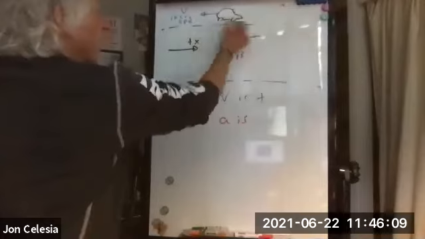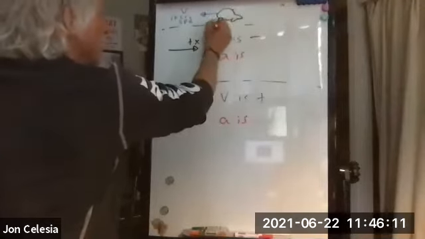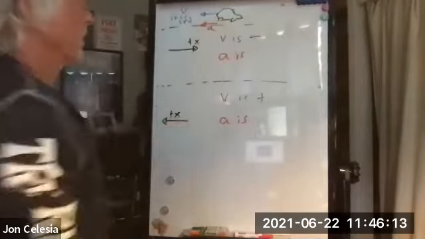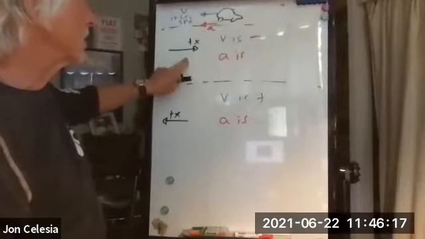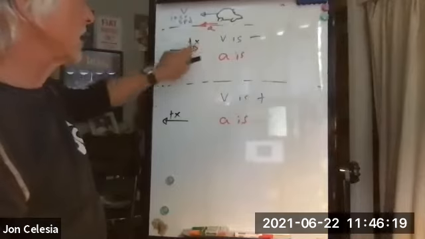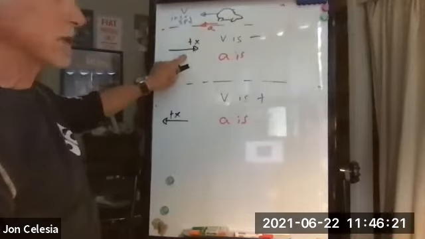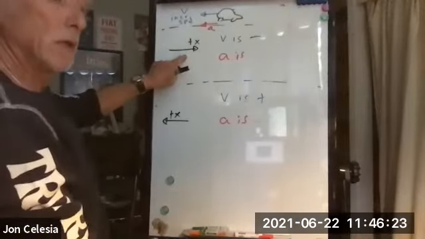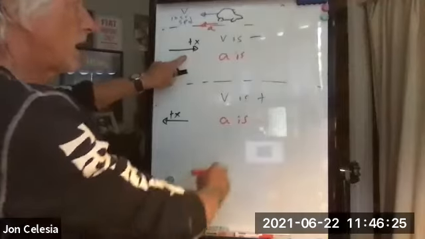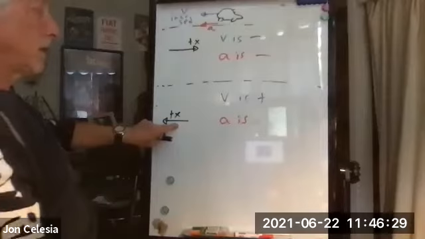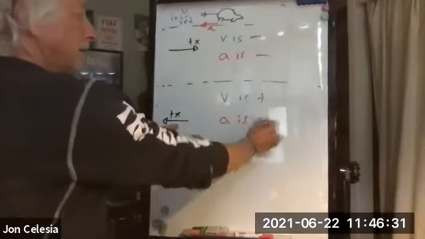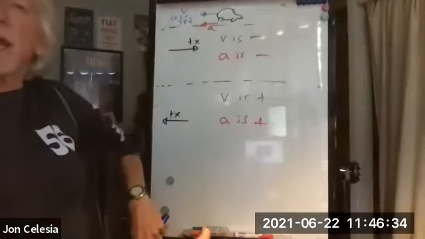You can put it wherever, you can put it down here, A. It's not plus or minus until you choose this. And now acceleration is, for this coordinate system, positive or negative? Negative. And for this one? Positive. Boom, that easy, once you get the hang of it.